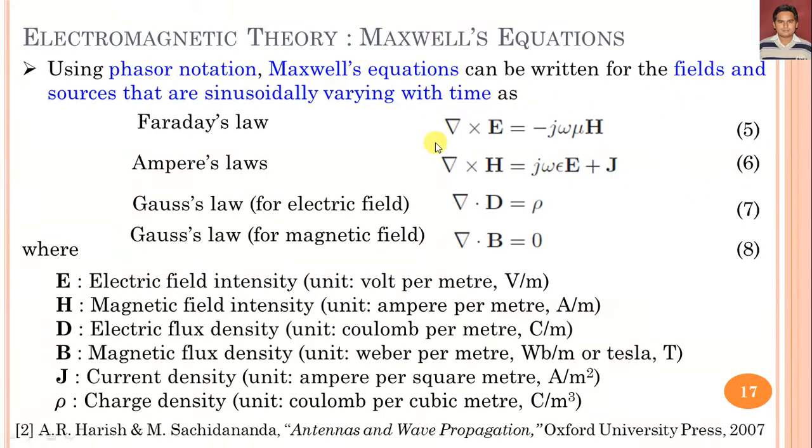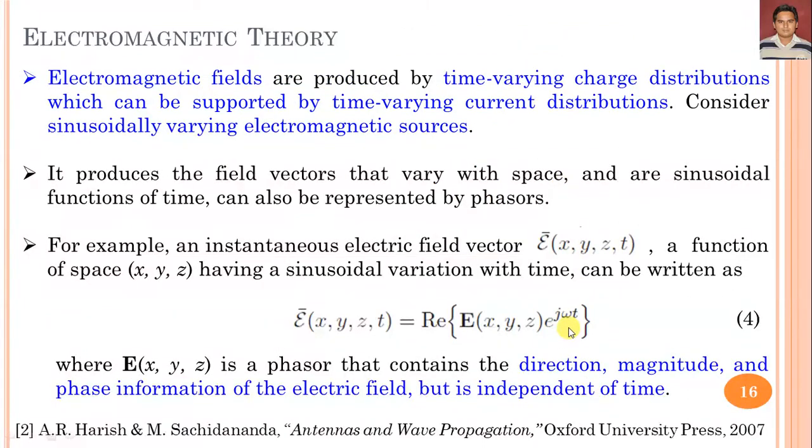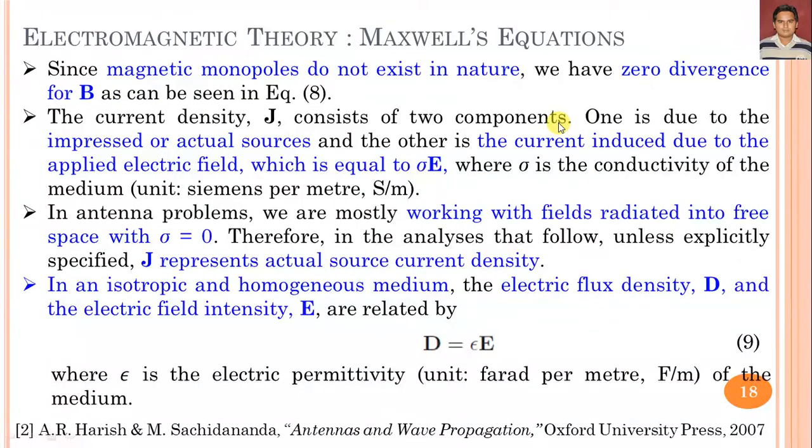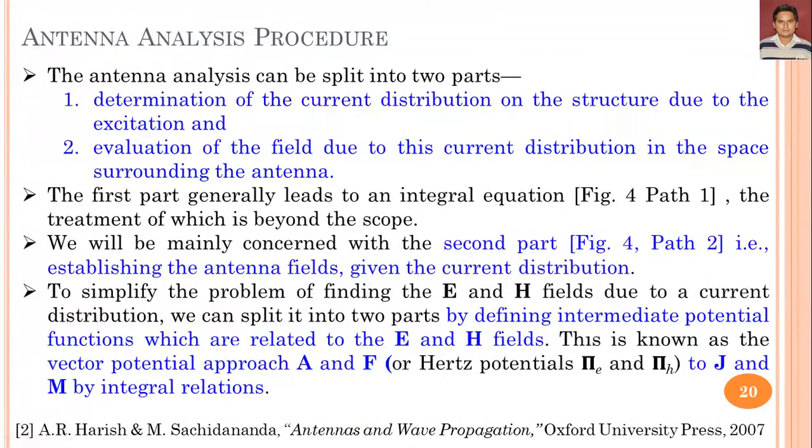These two equations are very important, and they are represented in terms of the time harmonic factor e to the power j omega t, through which we have calculated the electric and magnetic fields radiated by the antenna.